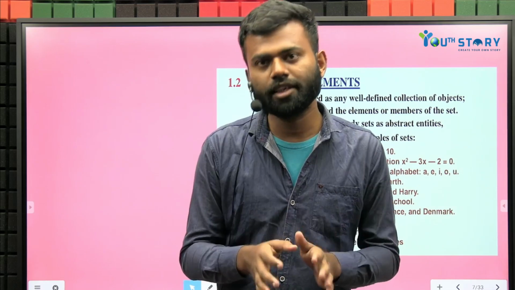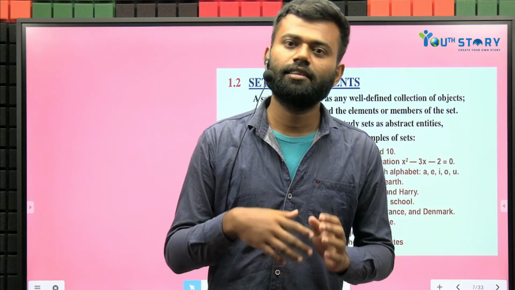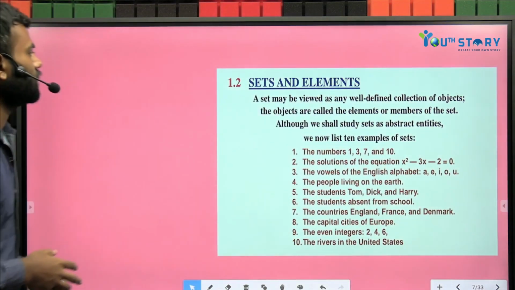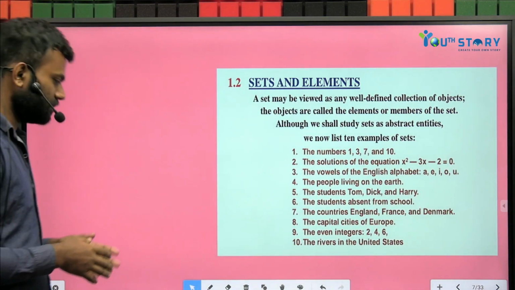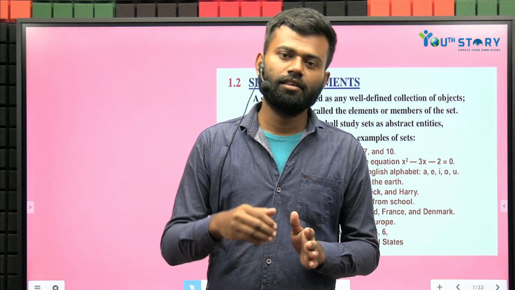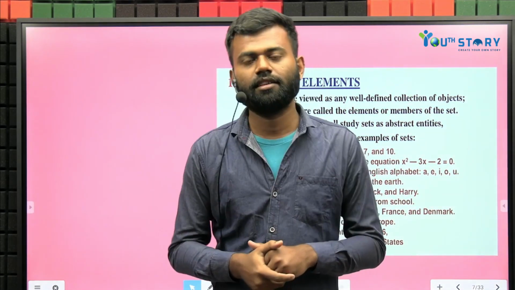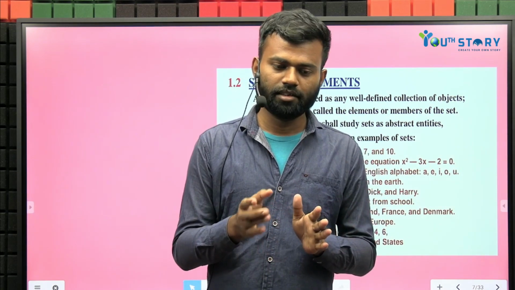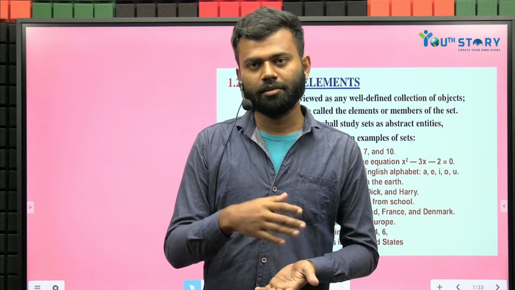There is no ambiguity for taking these objects. This is called well-defined, and distinct objects means no repetition. We reject repetition. These two characteristics are the main thing of our definition of set.